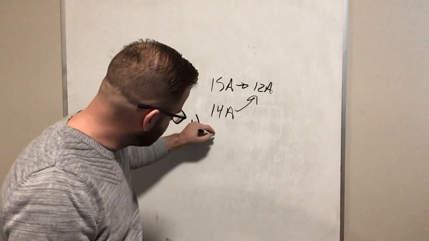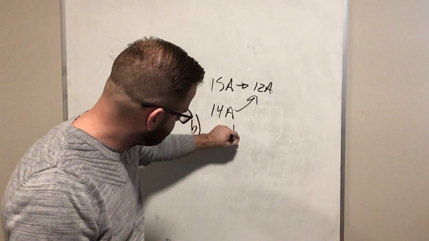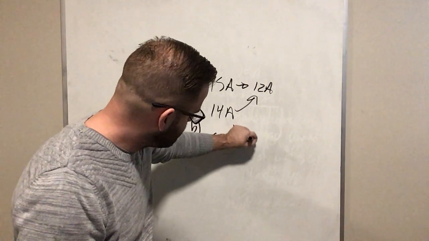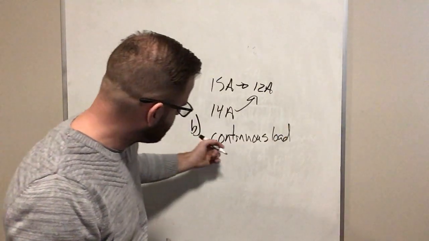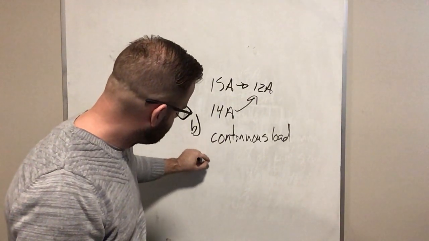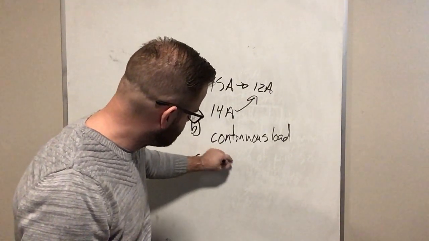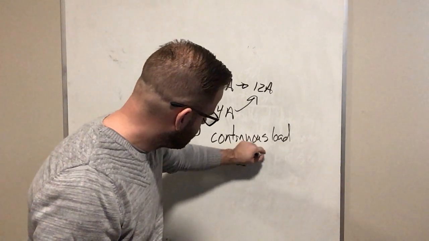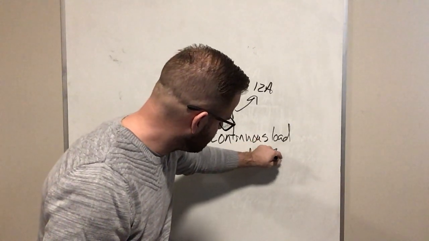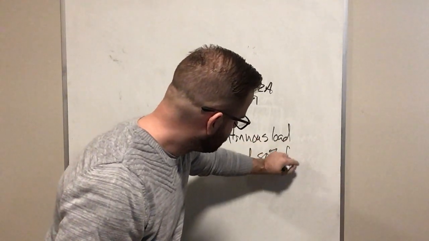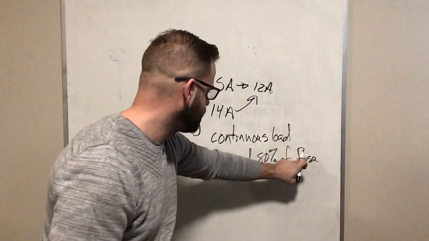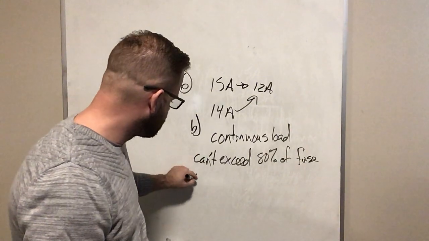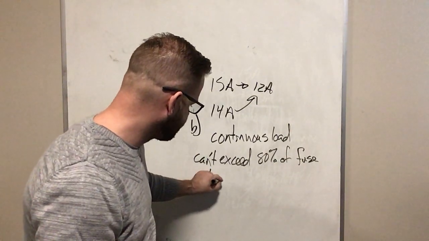So this one's just saying that my continuous load, again, can't exceed 80% of the fuse or breaker.